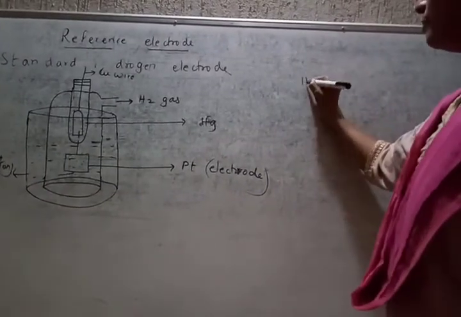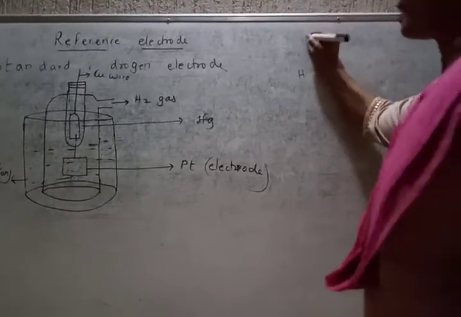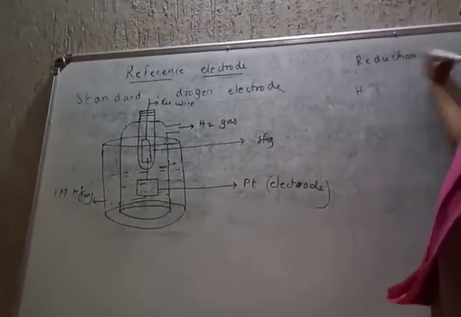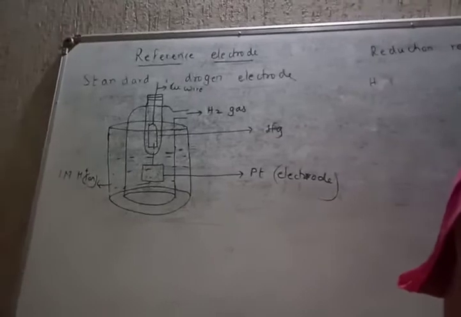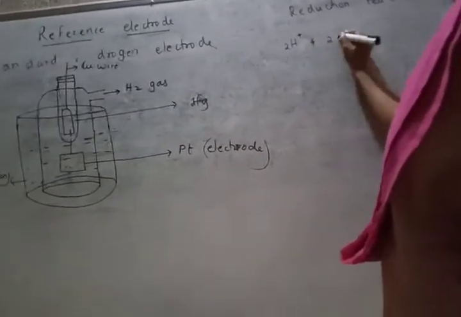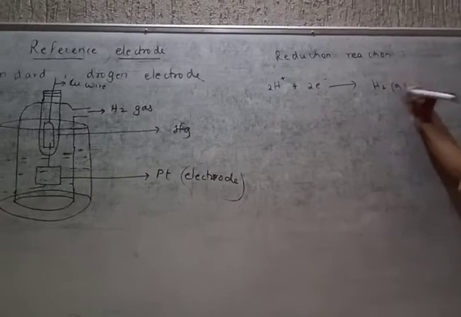The hydrogen ion reduction reaction takes place at the electrode, a reduction reaction where the hydrogen ions take up the electrons to form hydrogen gas.